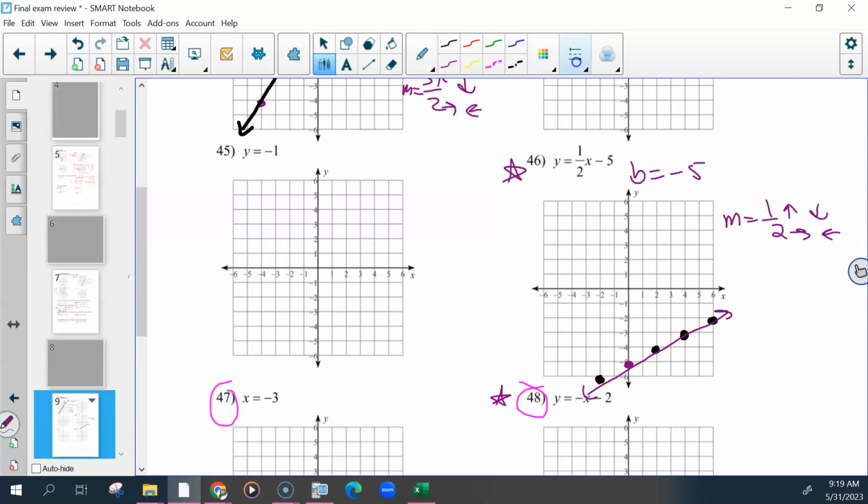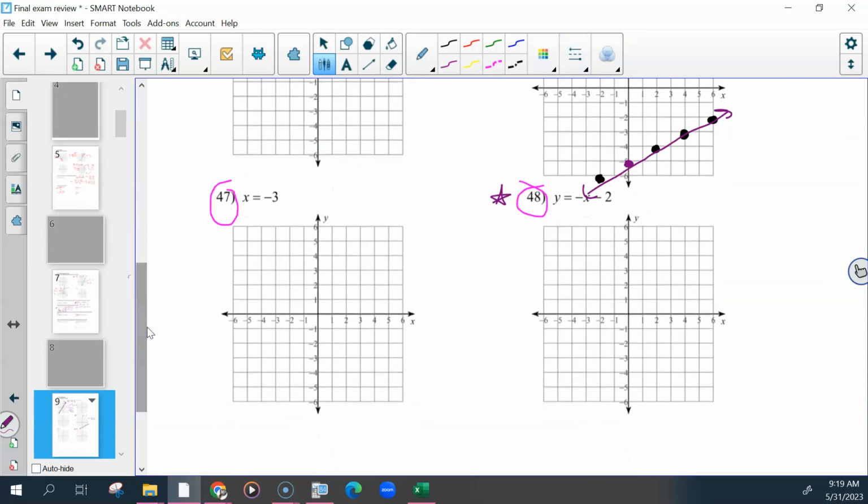And then 48 is very much the same. It's already in slope-intercept form. Start at your y-intercept, -2 on the y-axis. What's your slope in this one? -1. So you have to think about that like -1/1. To make it negative, only one of the directions can be negative.